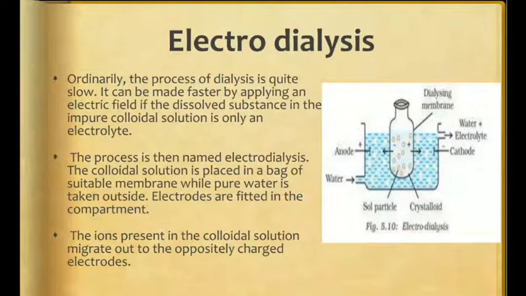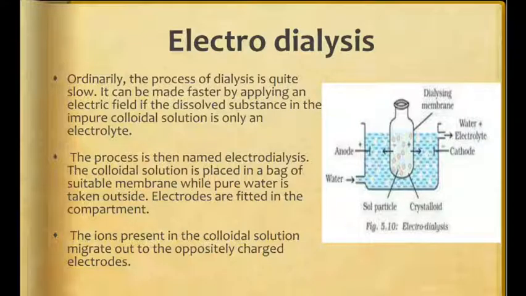So next is electrodialysis. This is a modified form of dialysis, because ordinarily the process of dialysis is very slow. So it can be sped up using an external electric field. If the dissolved substance in the impure colloidal solution is only an electrolyte, the process is named electrodialysis.